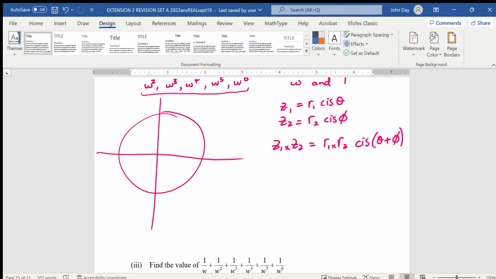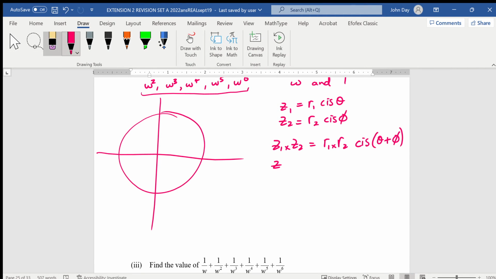So if I take the root w, which might be r cis theta, and I times it by itself, the way we do that is r times r and cis of theta plus theta. But the r's are 1, so you just end up with cis of theta plus theta.